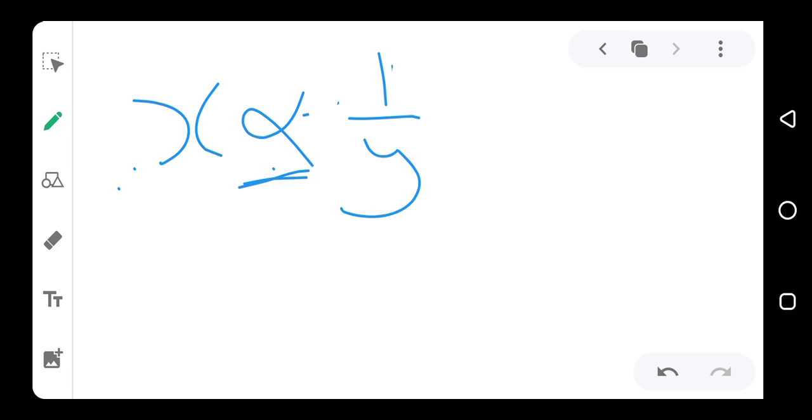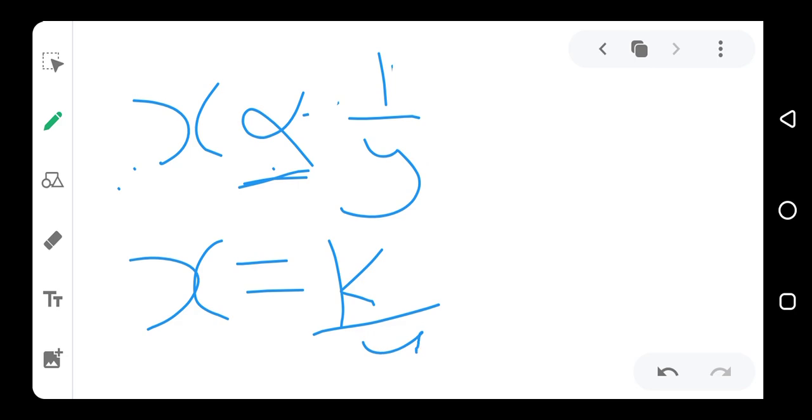So we now say x is equal to, we put k to represent our constant. X is equal to k over y.